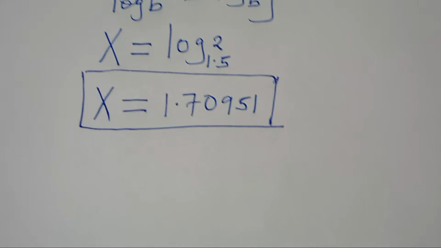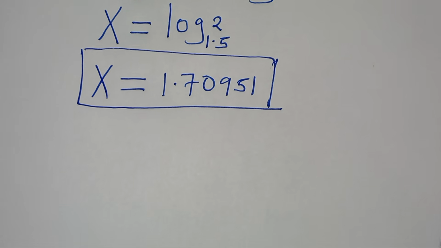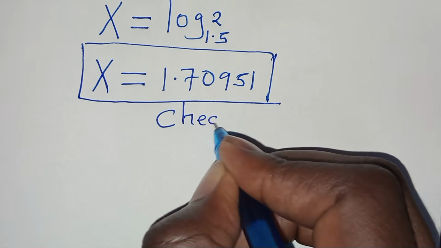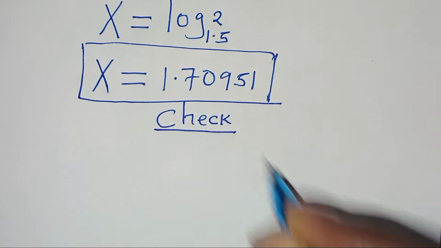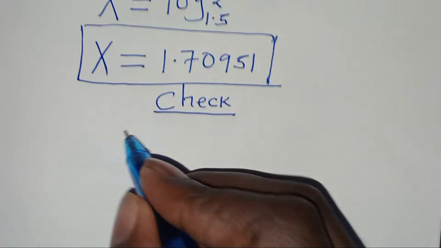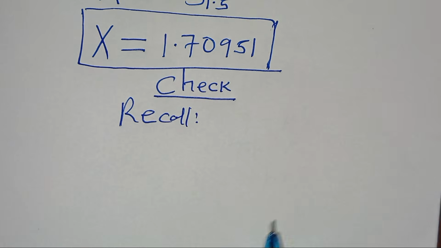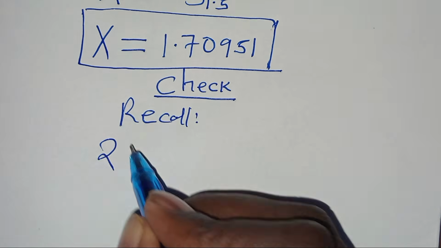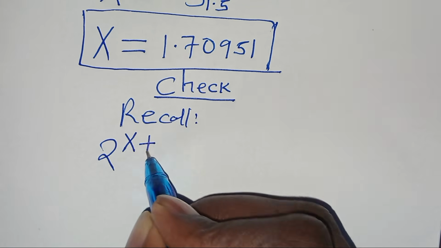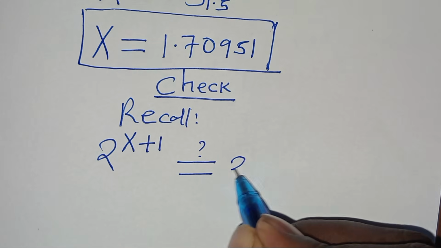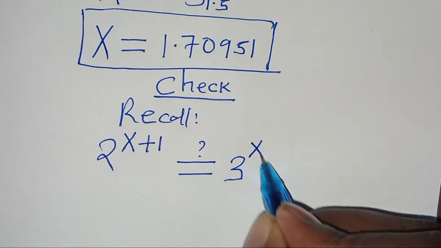The next step is to verify. Let's check if this value of x satisfies the equation. If you recall, we have that 2 raised to the power of x plus 1 is supposed to give us a value of 3 raised to the power of x.